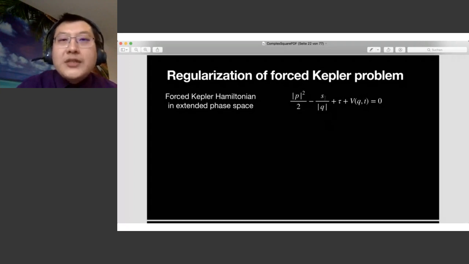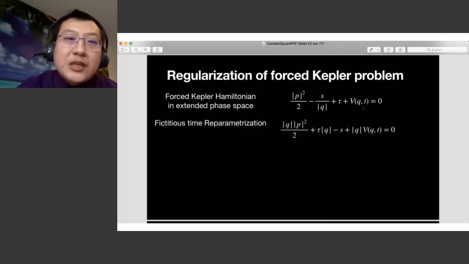In the end, the parameterization with respect to t will give us the right time parameterization of an orbit. But in this extended phase space, this is our Hamiltonian, and the time is now fictitious, so it doesn't have a real physical meaning. But it's nice to have this formalism, because then we can just do the same thing.